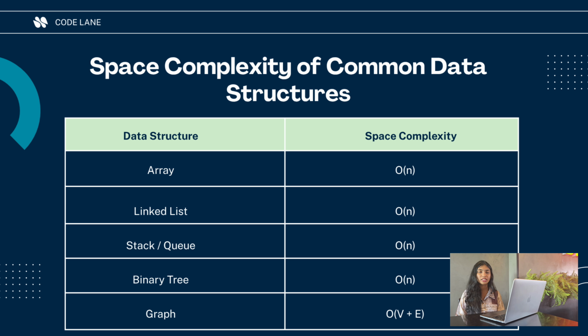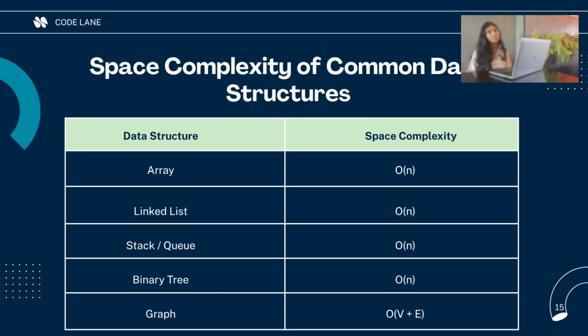Binary trees store nodes, which also results in O(n) space complexity. Graphs are slightly different because memory depends on both vertices and edges. Understanding these values helps us select appropriate data structures for different applications.